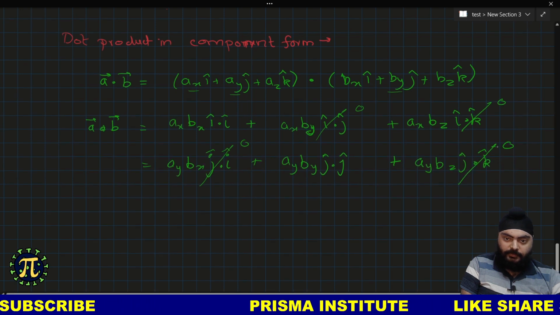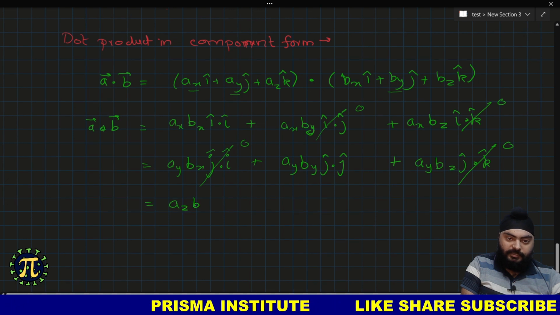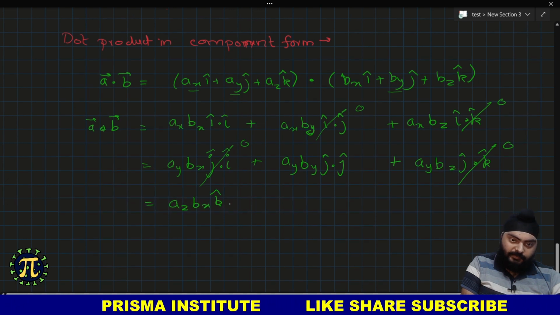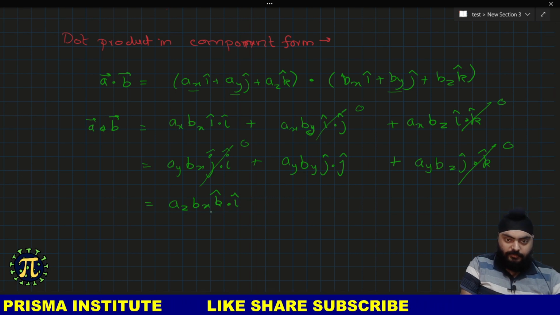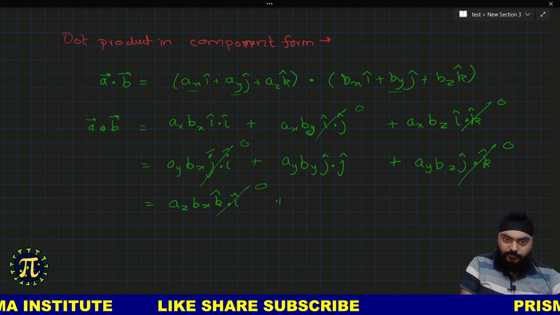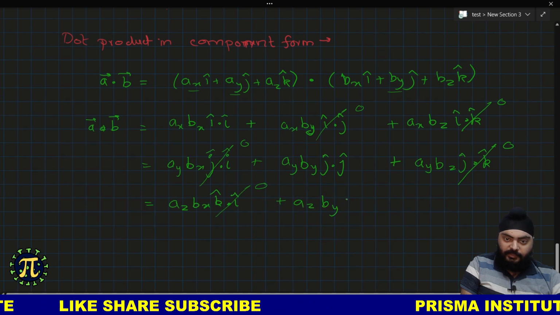Then from there we pick the third, Az into Bx k cap dot i cap. I am not changing the order, I'm writing them in the same order. So this is 0. Then with Az what will come? By will come and k cap dot j cap.